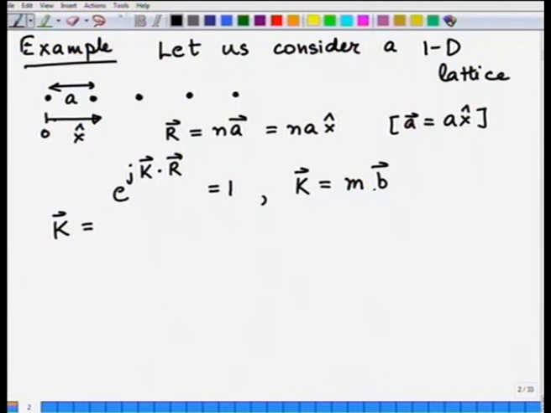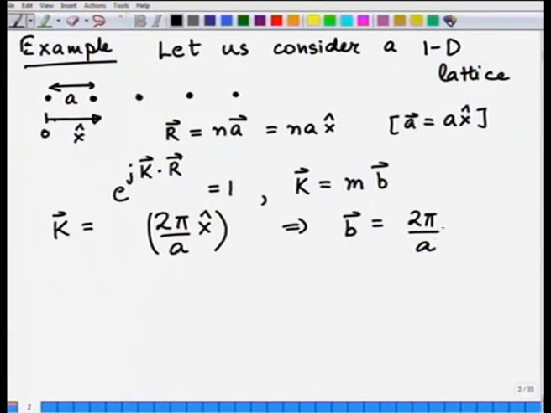So, if I substitute in there, what does that tell you? That says that k vector should be simply equal to 2 pi by a x hat, or k should be equal to m multiples of it, where b is this quantity here.